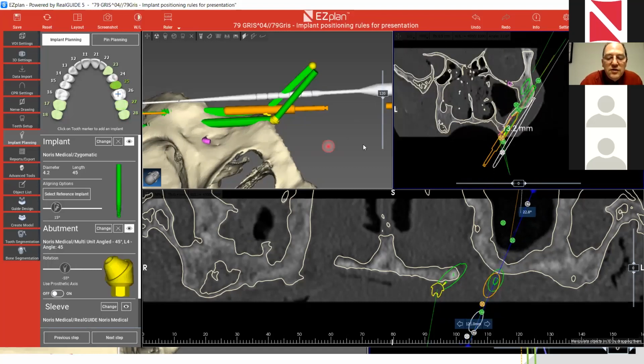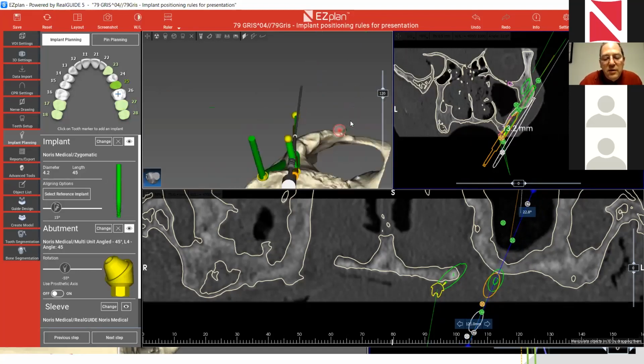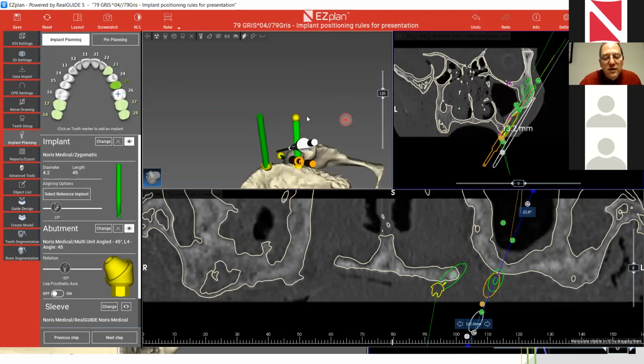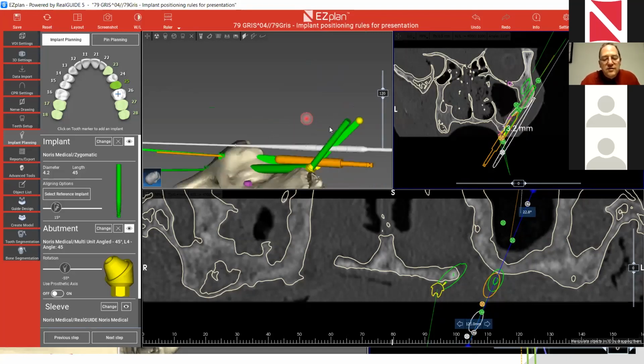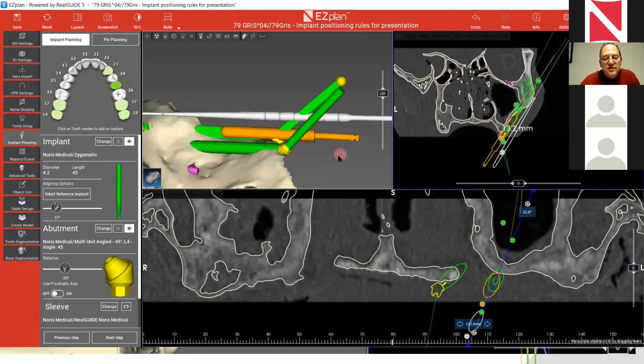So you see, this is a very good tool to expect where the apex of the implant is going to be. This is one of the most important things you can take home from this lesson, because it gives you the secure way to position a posterior implant.